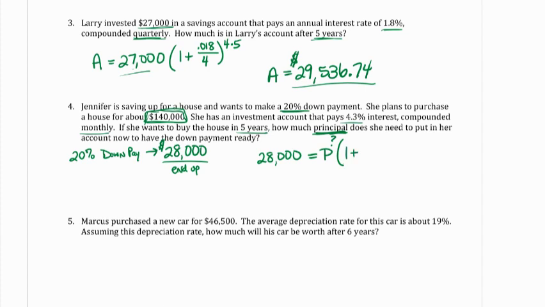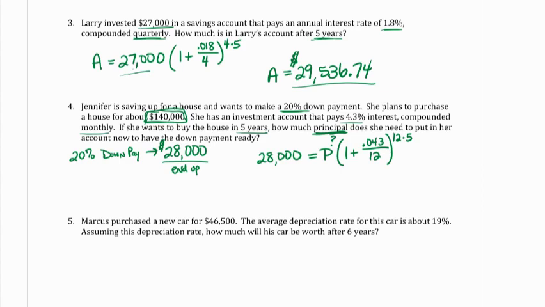So 1 plus my interest rate, 4.3, so 0.043, compounded monthly. So that's 12 times a year. And then again, I get 12 times my 5 years. Okay, so I can calculate all of this stuff over here first.